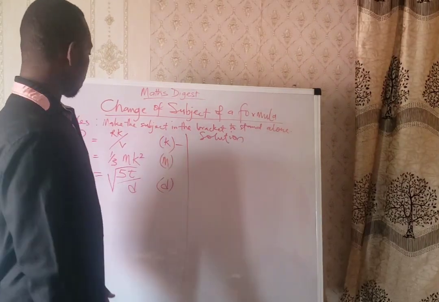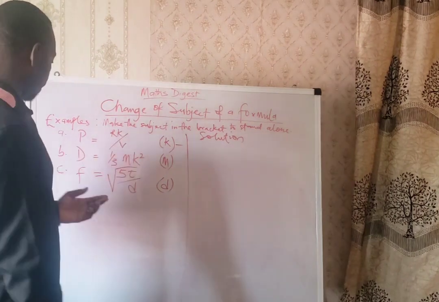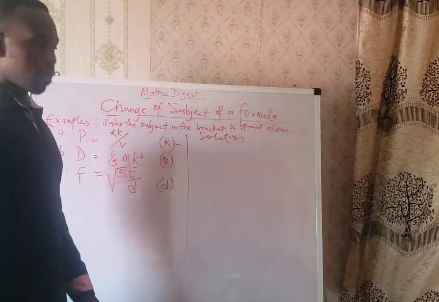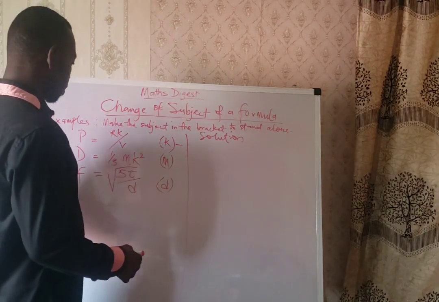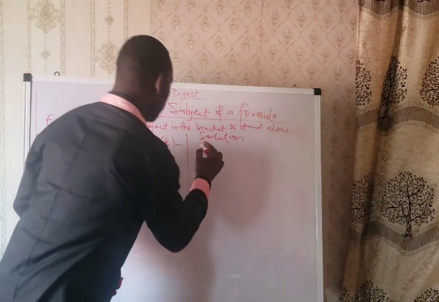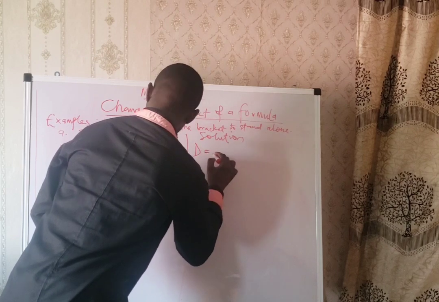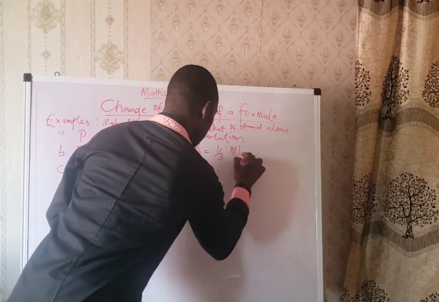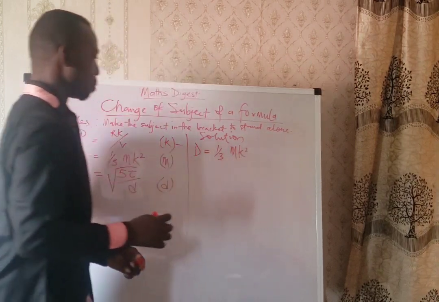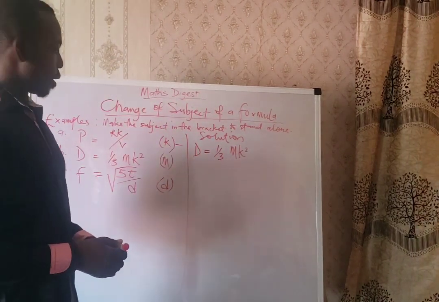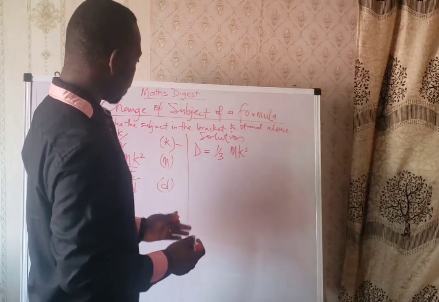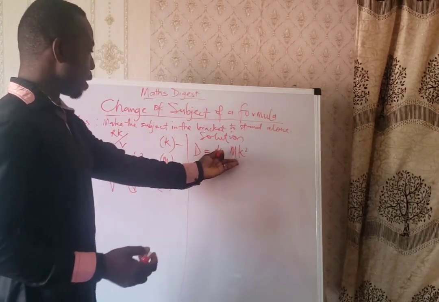Okay. Now, the second example says D equal to 1 over 3 mk squared. On this, we have to find m.